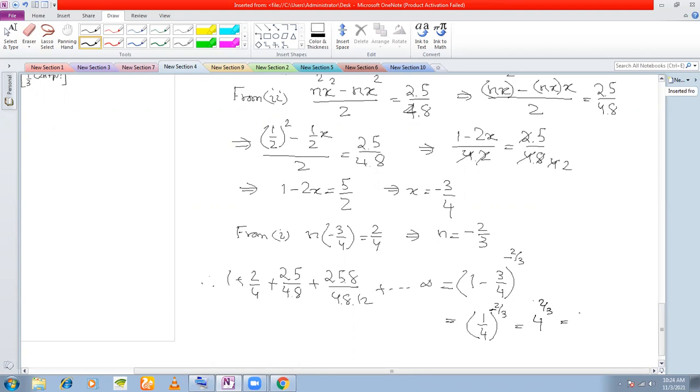So this means 4 square to the power of 1/3, which means cube root of 4 square, which means cube root of 16. So that means the sum of this series is cube root of 16. Okay, can I proceed to the next one?